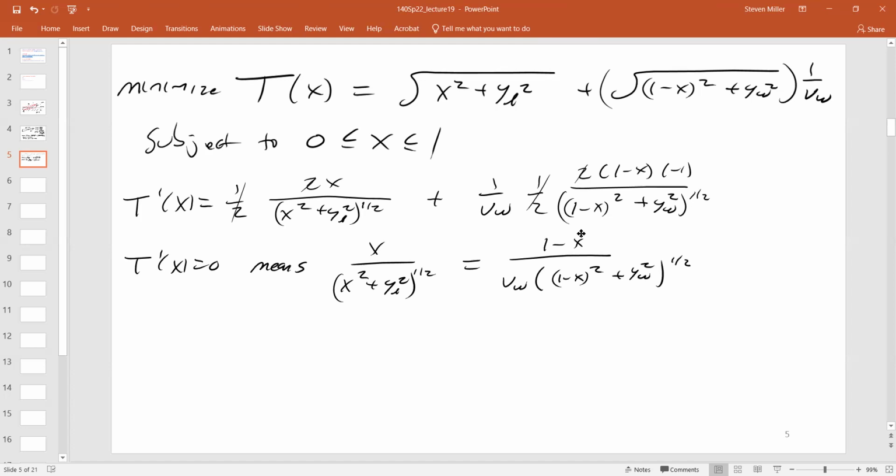So is everybody comfortable with how we got to this point? Now what do we do? We've got to solve for x. Remember, VW is known, YW is known, YL is known. There's only one unknown, so we have to solve for x. How do we solve for x?